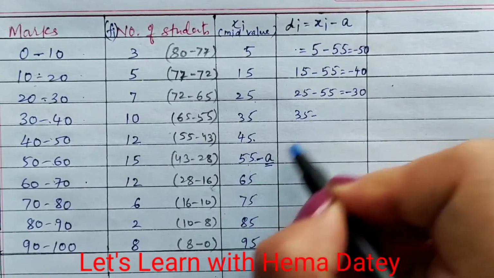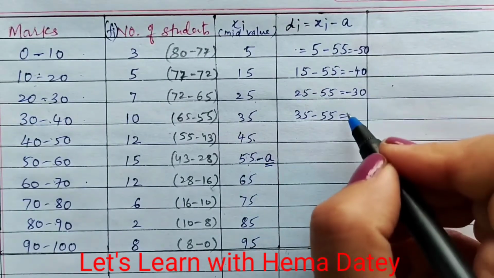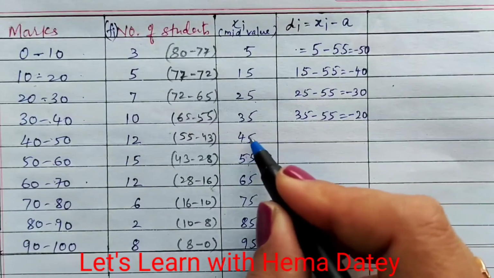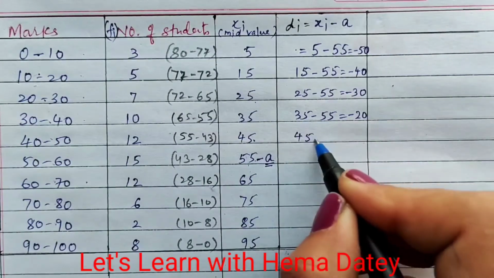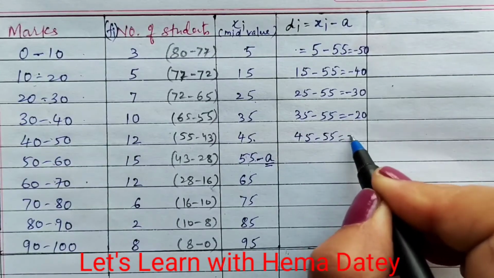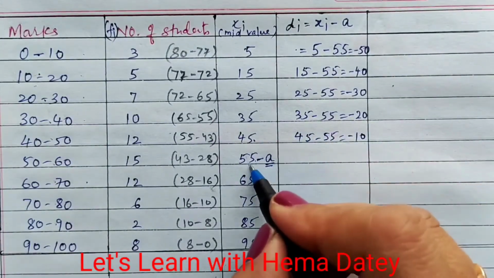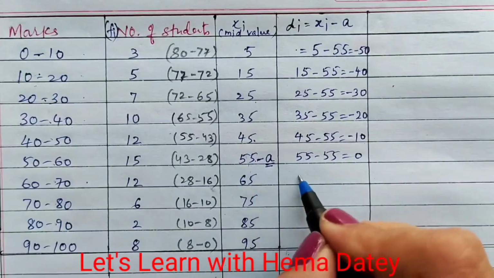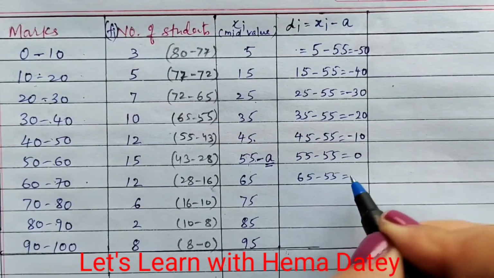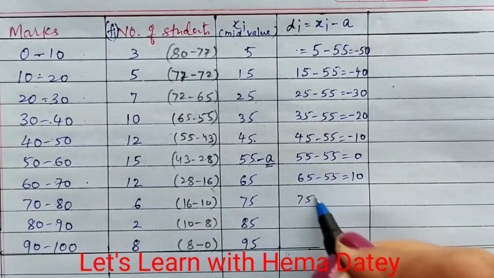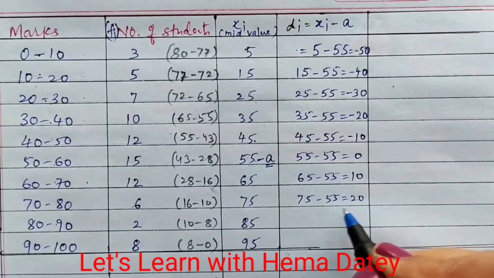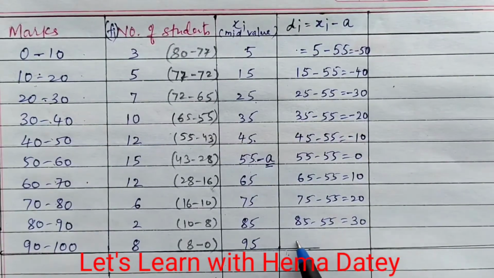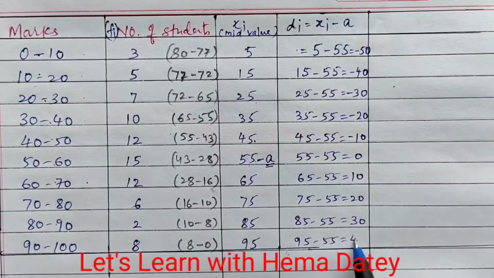We write 35 minus 55 equals minus 20. Then we subtract 55 from 45. We write 45 minus 55. It gives us minus 10. Now 55 minus 55 will get 0. Now 65 minus 55 will get 10. 75 minus 55 will get 20. 85 minus 55 will get 30. 95 minus 55 will get 40.